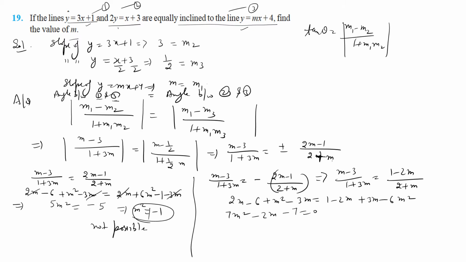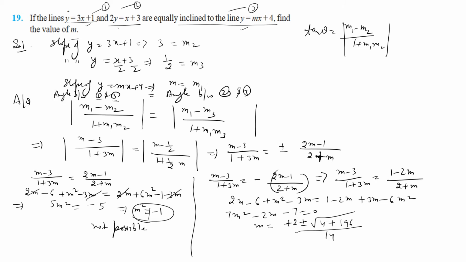So you can use that quadratic formula, minus b. So minus of minus 2 is plus 2 plus minus. Discriminant is b square minus 4ac, plus 4 7s are 28, 28 7s are your 196, and this is upon 2 7s are 14.